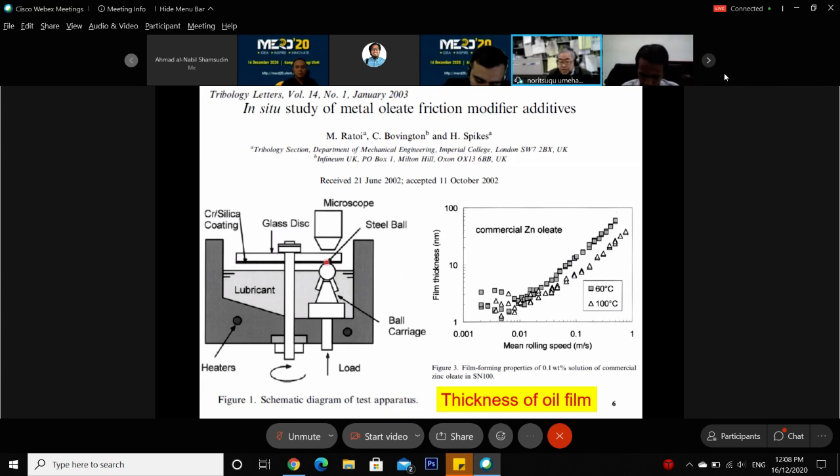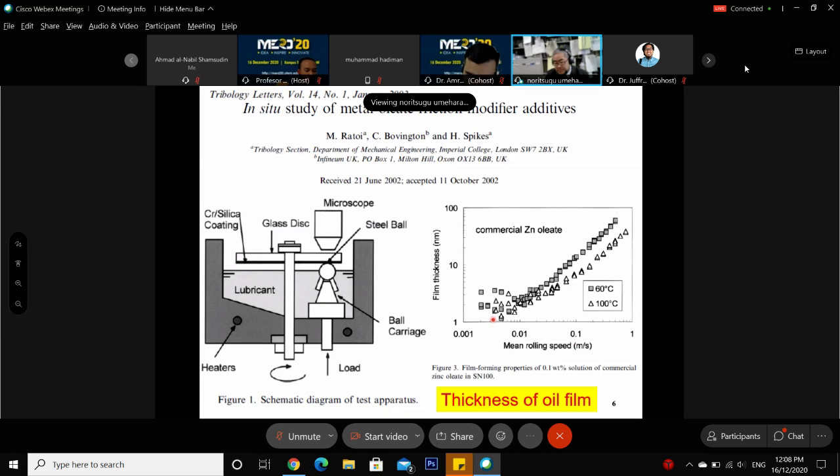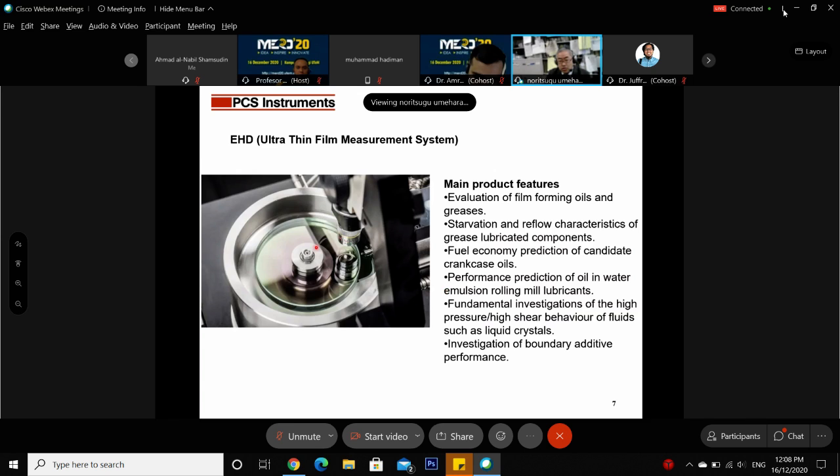Even if the lubricant film thickness is less than 100 nanometers, a nanometer-scale oil film, it can be detected. He also obtained the rolling speed dependency. But with their method, they just measured the thickness of the oil film. This method is so nice that it is commercialized and we can buy it.